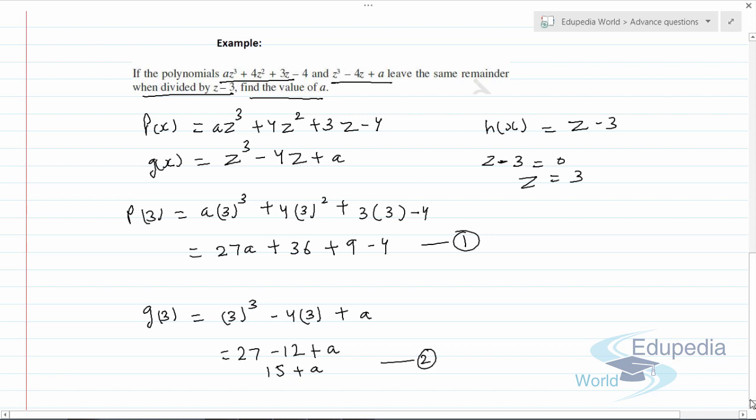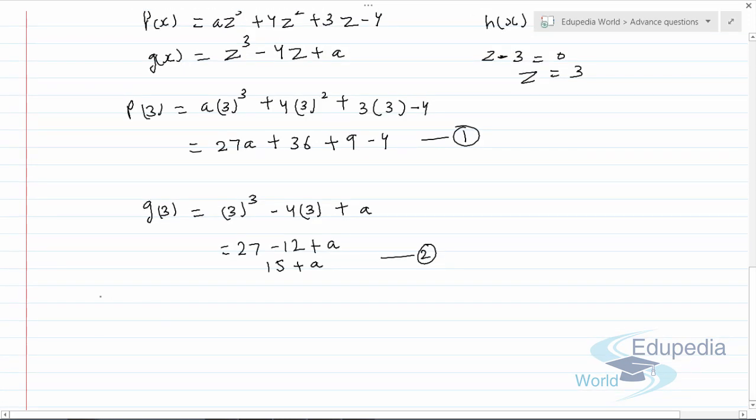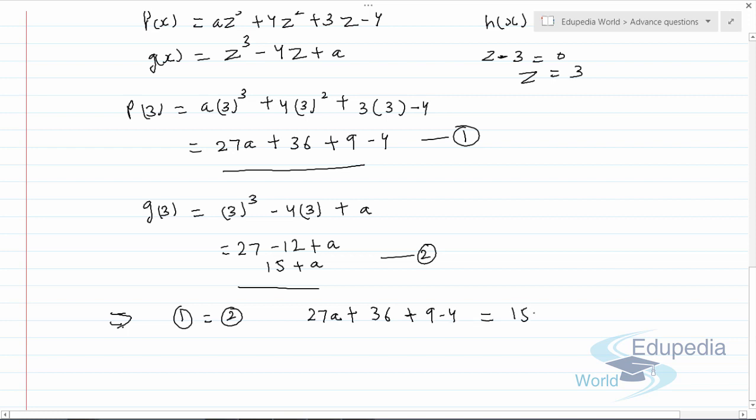Now it is given in the question that the remainders are equal, so this should be equal to this. So we'll equate equation 1 to equation 2: 27a plus 36 plus 9 minus 4 equals 15 plus a.